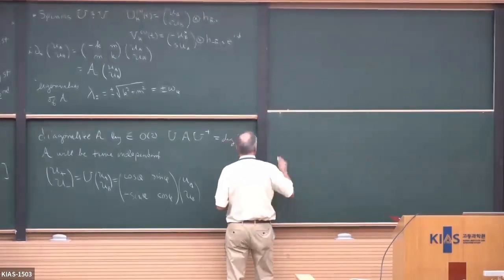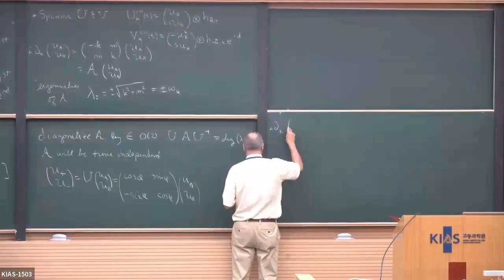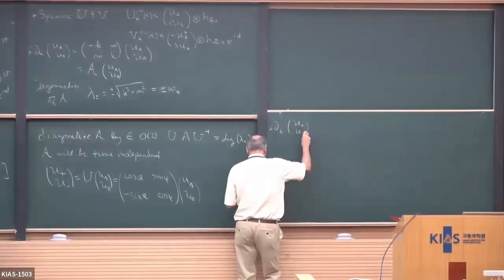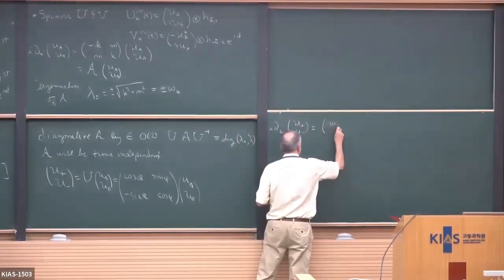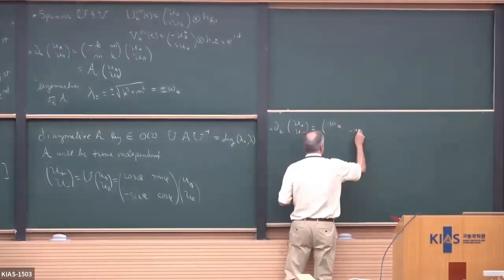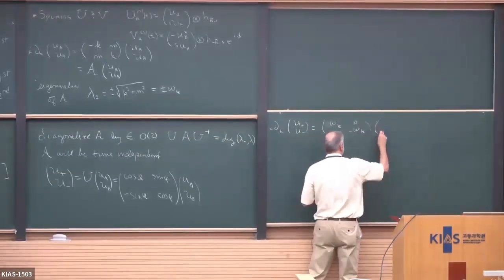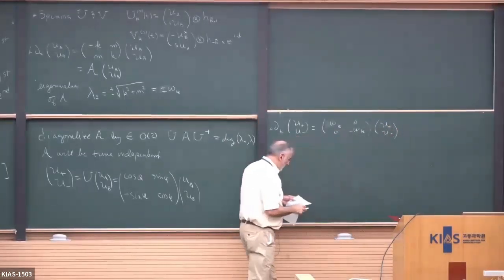And in this new basis, the Dirac equation is in terms of U plus and U minus.